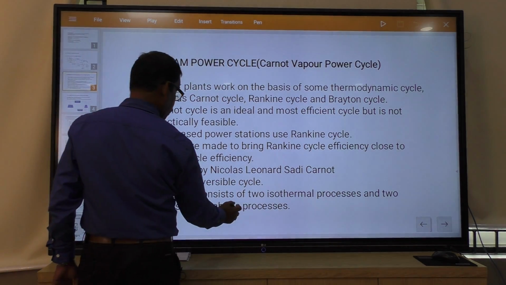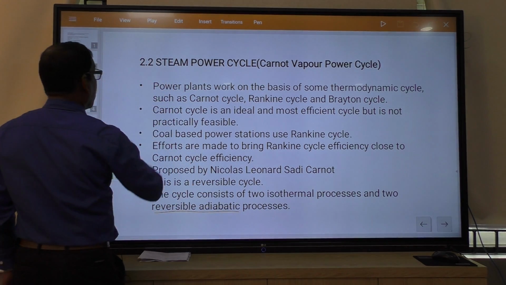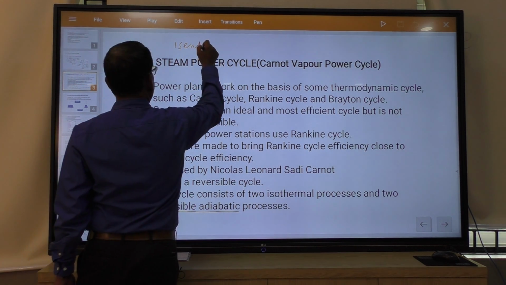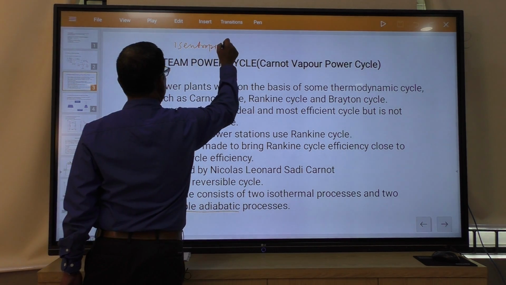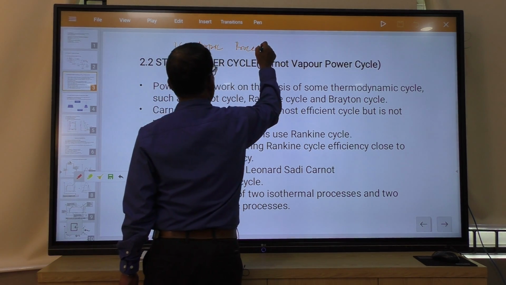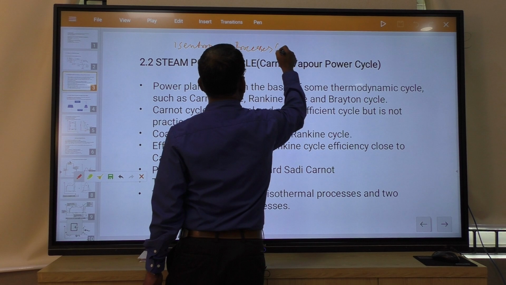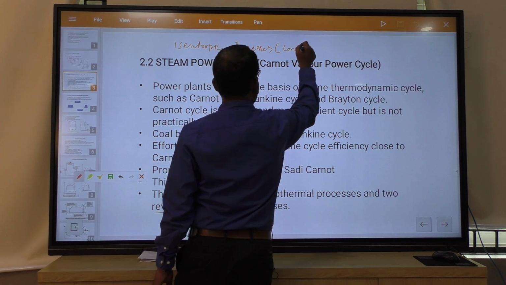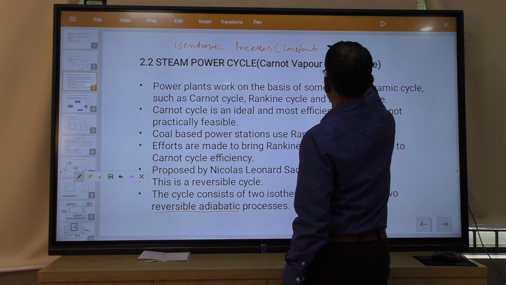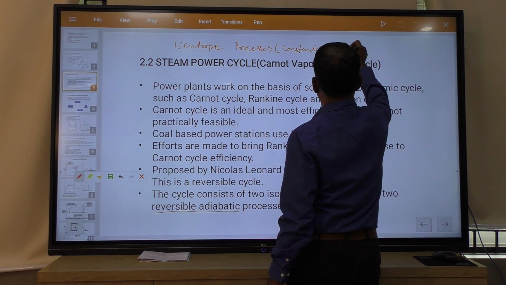Reversible adiabatic is also known as isentropic process, or constant entropy process. You know entropy from the earlier semester.